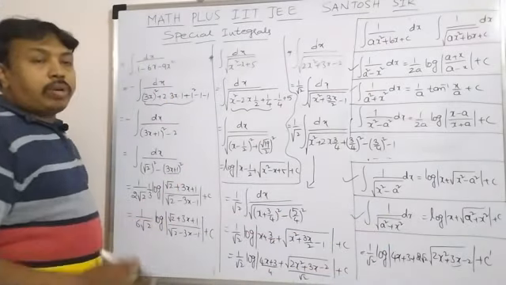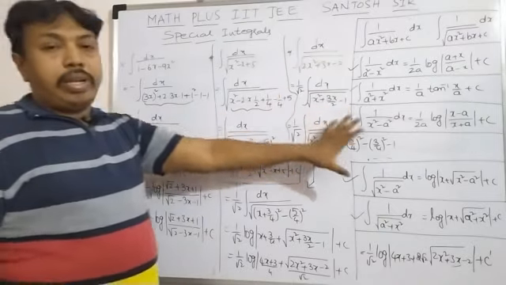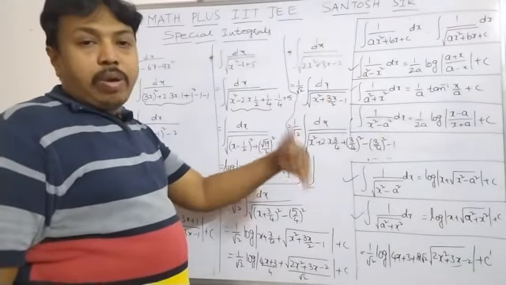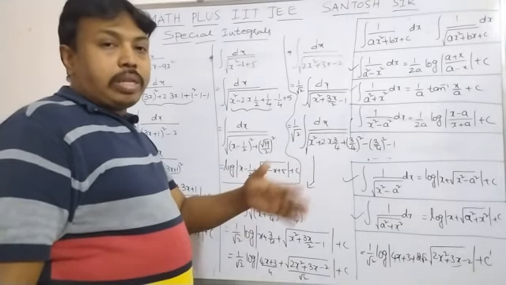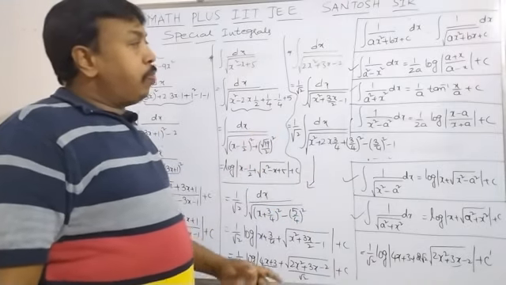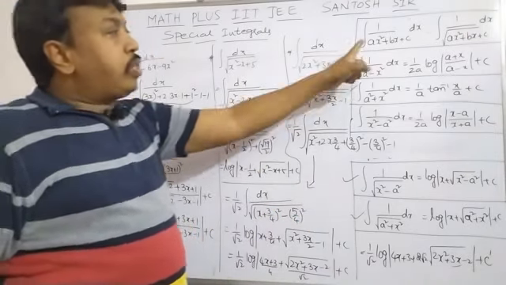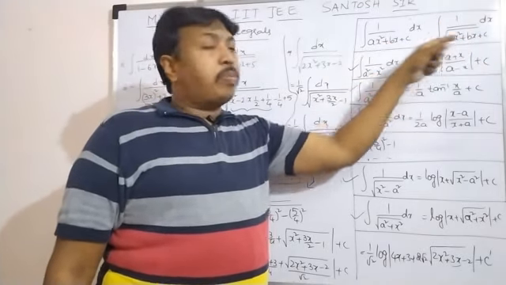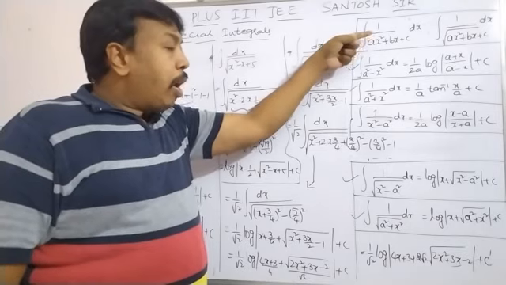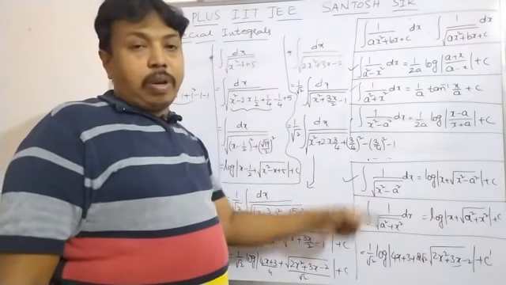So like this we can do based on special integrals. Not only these formulas, we have 3 more formulas. Those also we will do after studying integration by parts. So if any function integral is in the form of 1 upon ax square plus bx plus c or 1 upon under root of ax square plus bx plus c, we need to apply these 6 formulas.